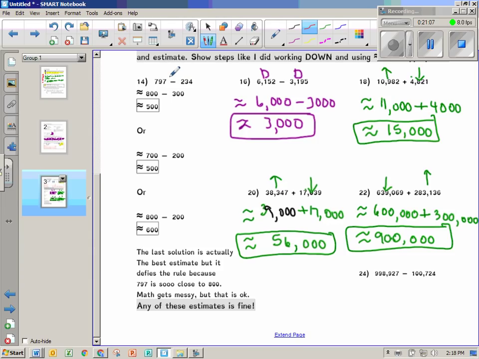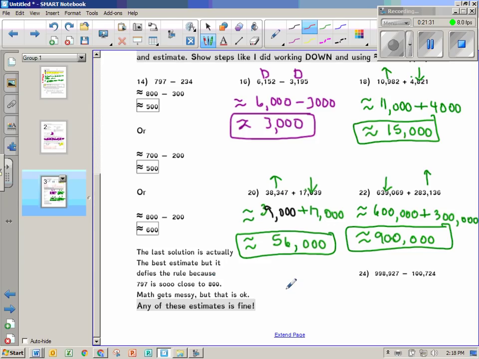So I rounded both of them up, and I got 500. If I rounded both of them down, here, 700 and 200, I got 500 for my estimate. But if I rounded one up and one down, I actually got a better estimate. And I wrote a little paragraph here telling you why.